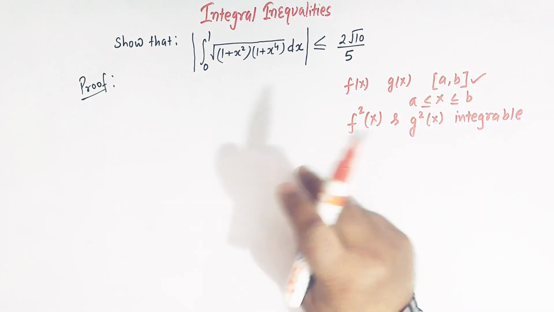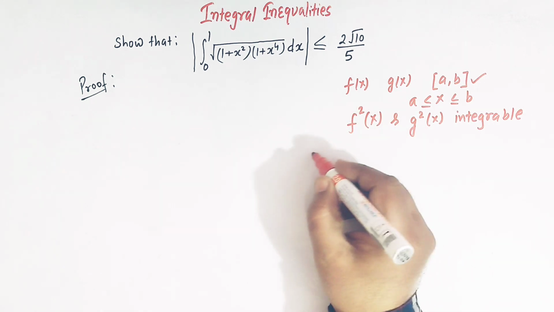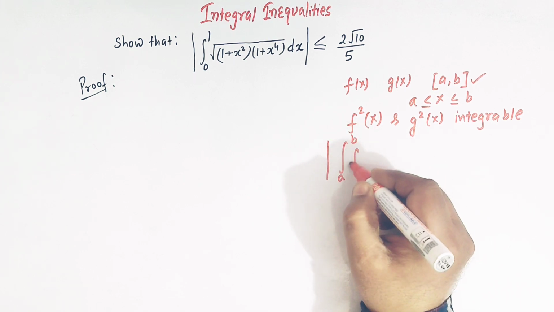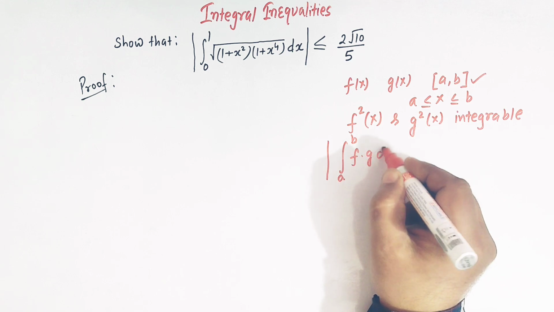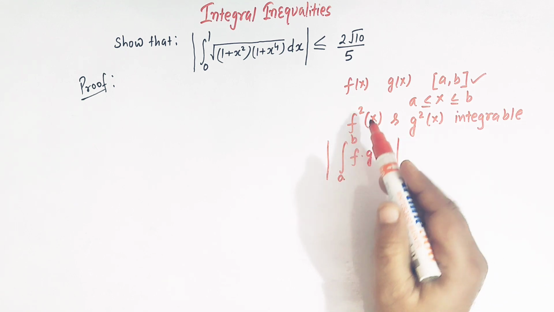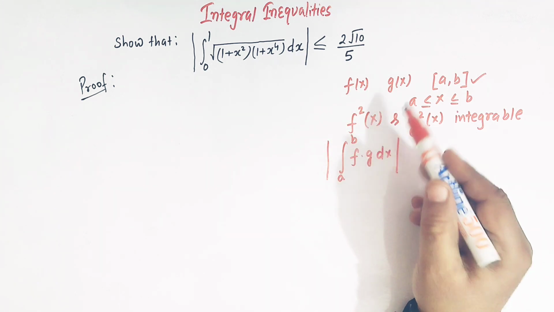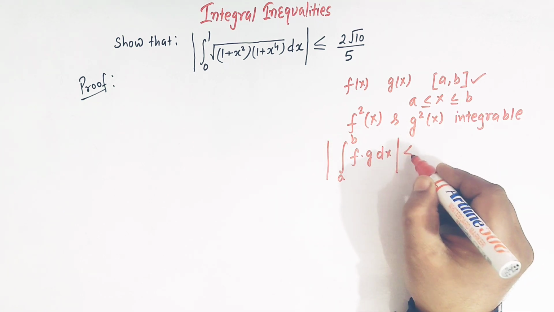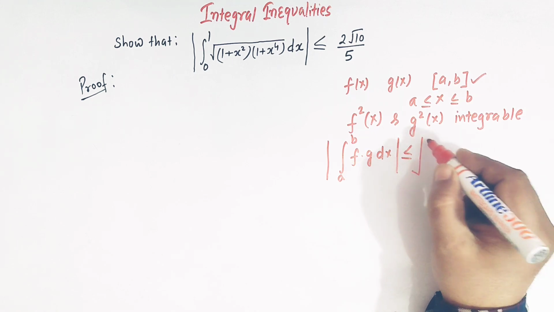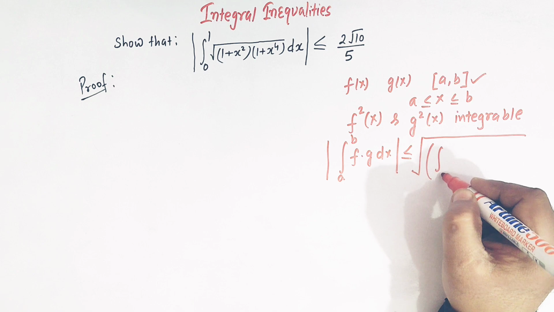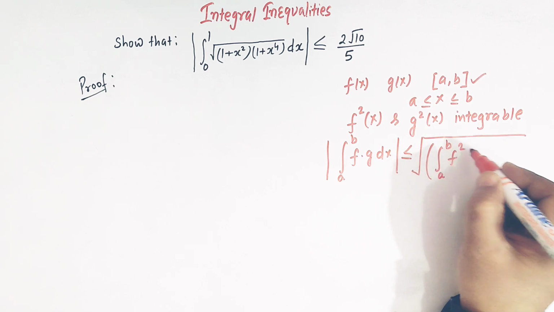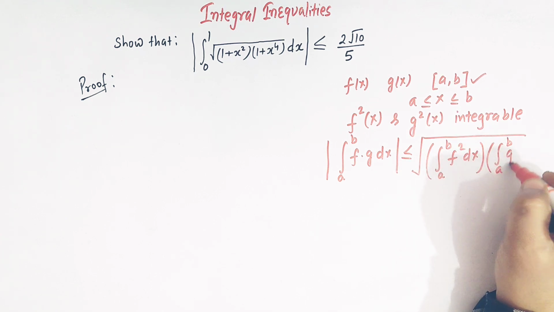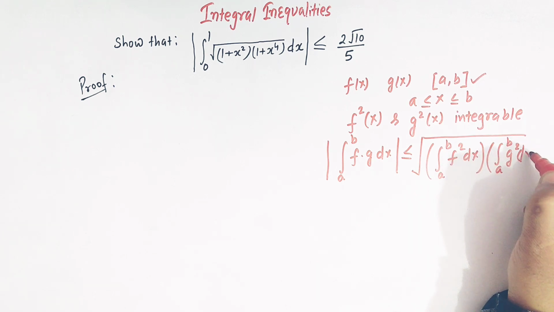in the interval a comma b, then the Cauchy-Schwarz inequality states that the absolute value of the integral a to b of f times g, where we are using the notation simply f for f of x and g for g of x, is less than or equal to the square root of the product of the two integrals, a to b f square dx and a to b g square dx.